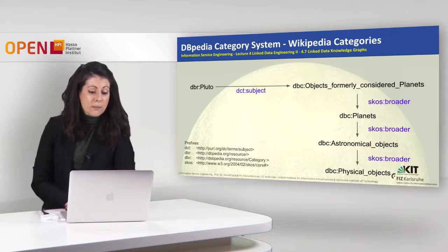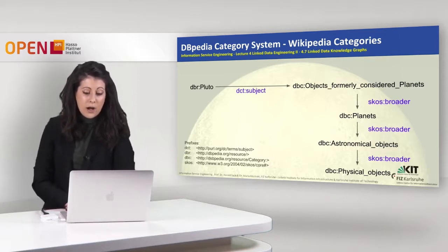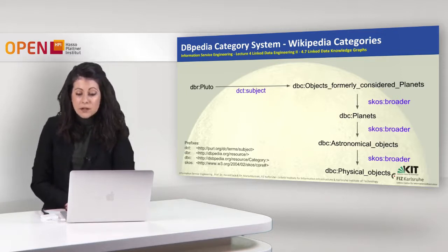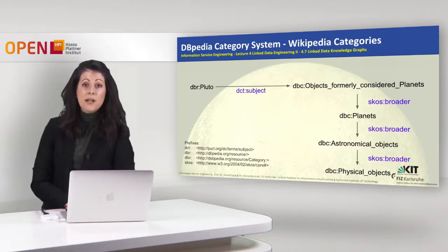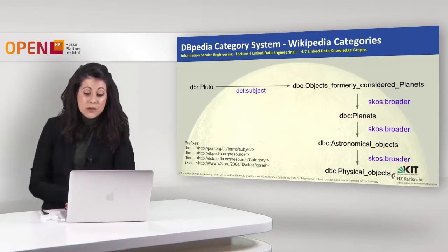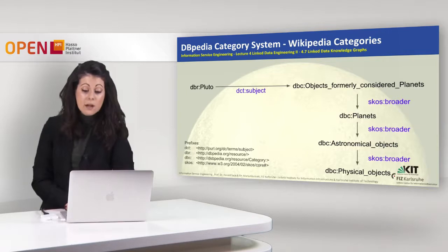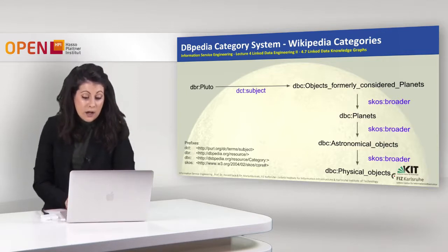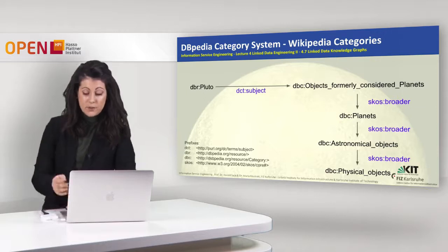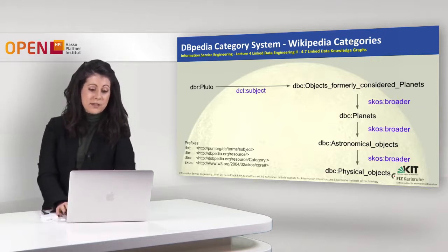Here we see that Pluto is dct:subject of objects formerly considered planets. And this is again a hierarchy which we can traverse by using the skos:broader property. So this one is skos:broader planets, and skos:broader astronomical objects, and finally skos:broader physical objects. So this is the first category system.